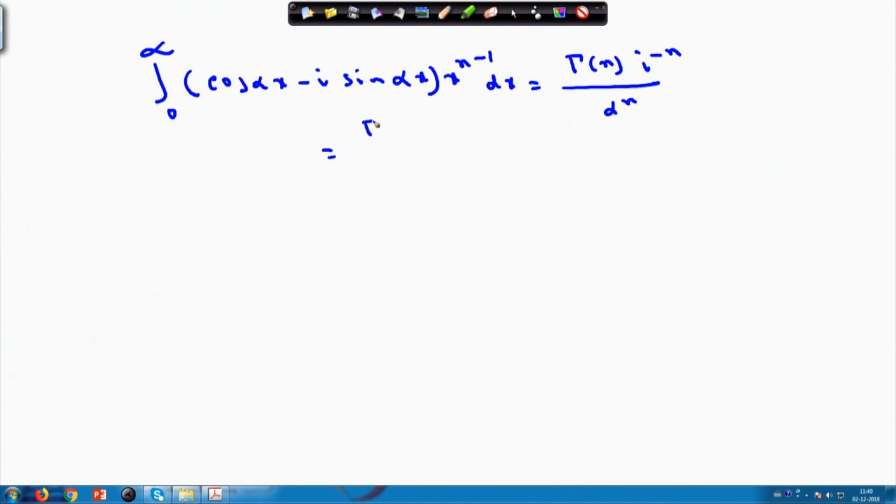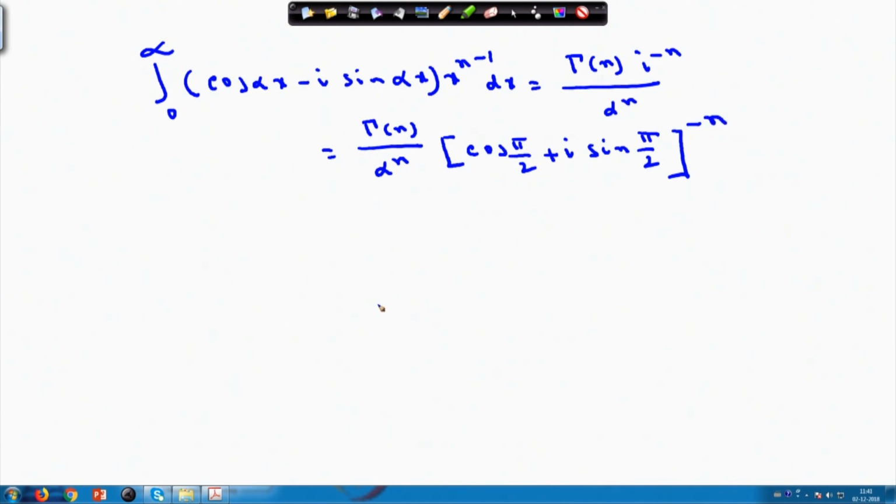This equals, you can write gamma n by alpha to the power n, we are not doing anything, and this i I can write in the form of cos pi by 2 plus i sin pi by 2. This is quite clear. We can always write i as cos pi by 2 plus i sin pi by 2, so that the first part, the cos function, vanishes and the second part, the sin function, is 1. So this is to the power minus 1.